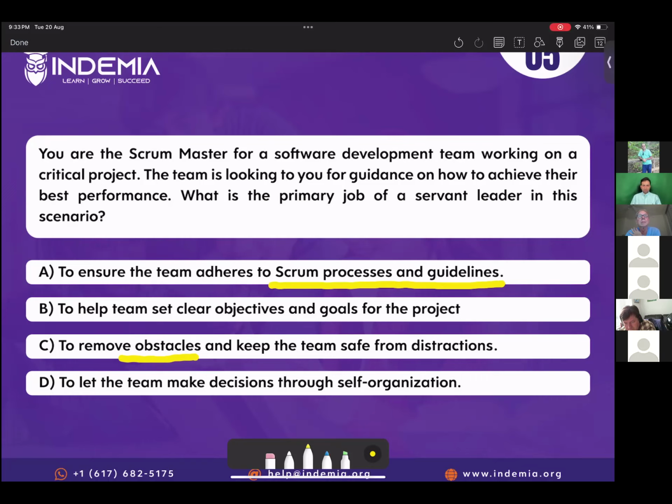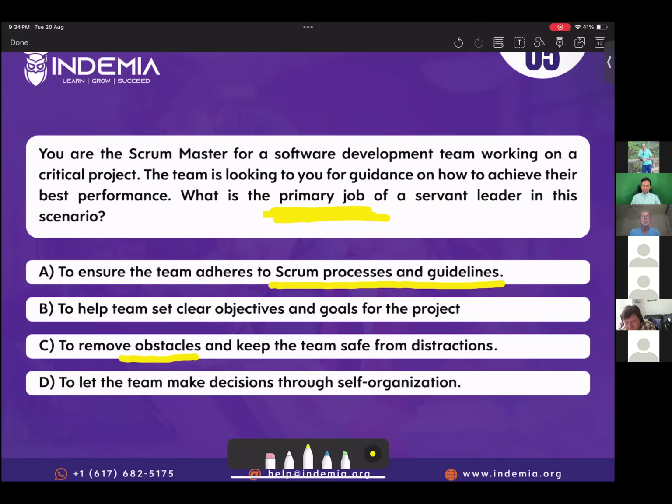So if we read the question, it says, what is the primary job of a servant leader, right? Primary. Now, all the actions which are mentioned here, A, B, C, D, are done by Scrum Masters or servant leaders, but we're talking about what's the primary job. So option A, to ensure the team adheres to the Scrum process and guidelines.